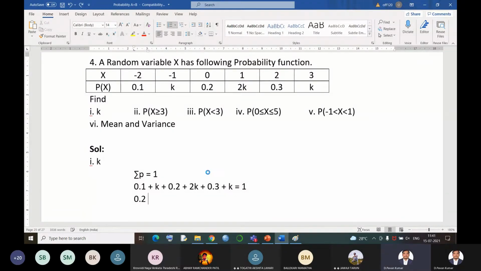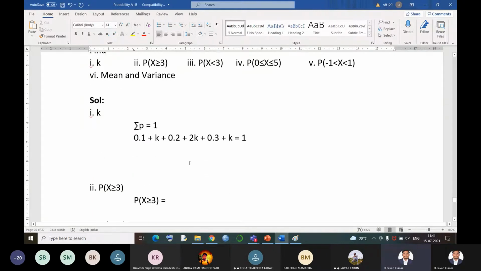Now, let us add these values. First of all, see the coefficients of k: 1, 2 and 1. By adding those three, we get 4k, plus adding the constant values 0.1, 0.2 and 0.3, it constitutes 0.6, is equal to 1.